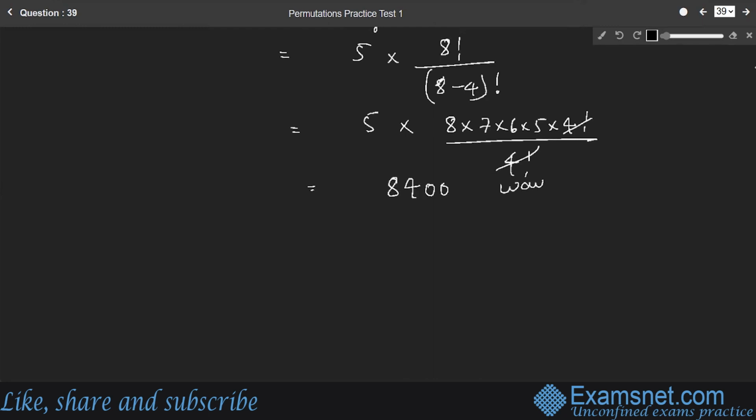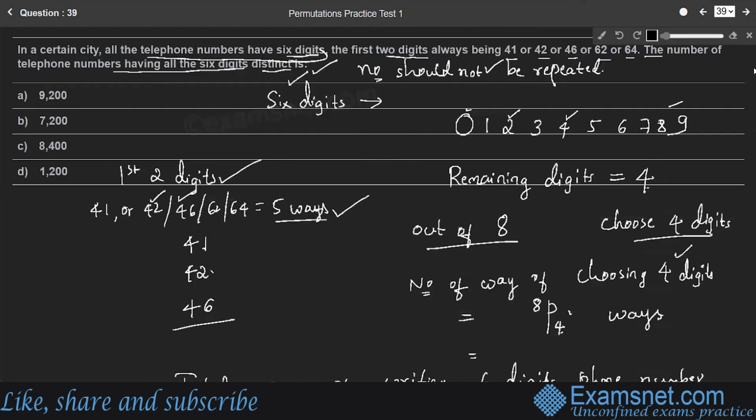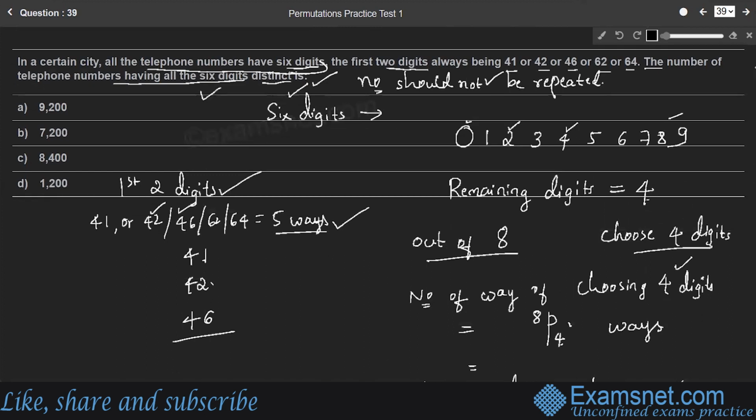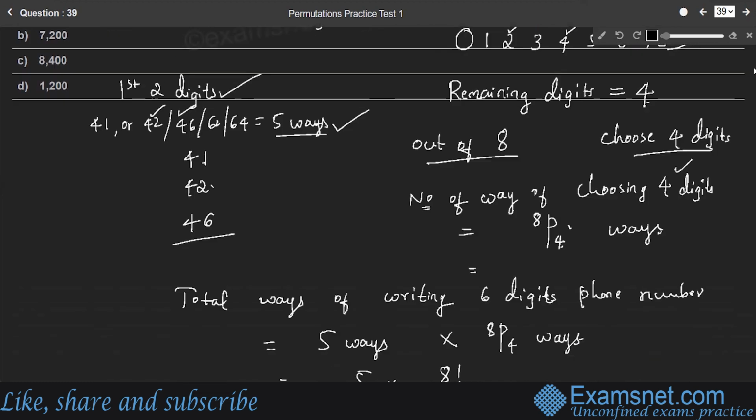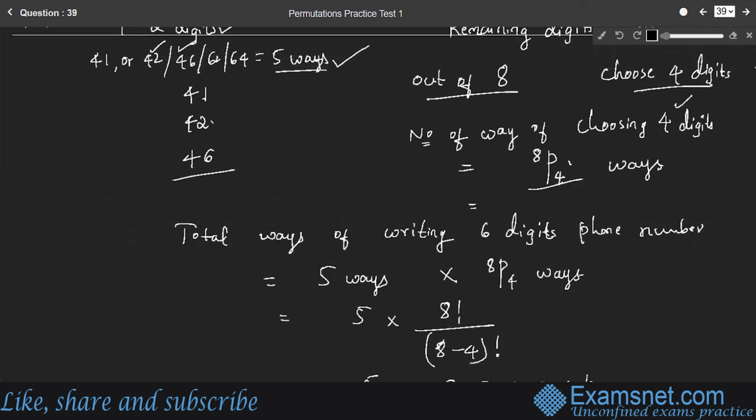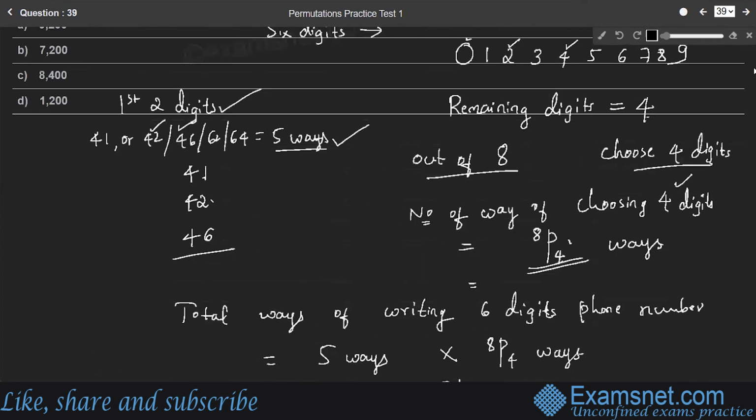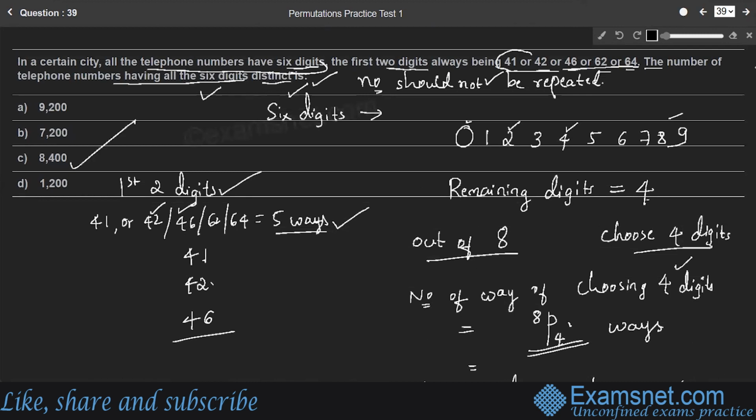So you can get 8,400 six-digit telephone numbers, having the first digits as 41 or 42 or 46 or 62 or 64, and the remaining digits you can arrange in 8P4 ways. Totally it is 8,400 ways. So option C is the right answer.